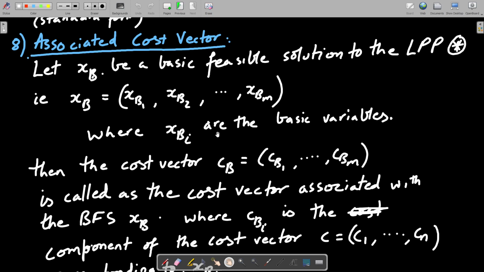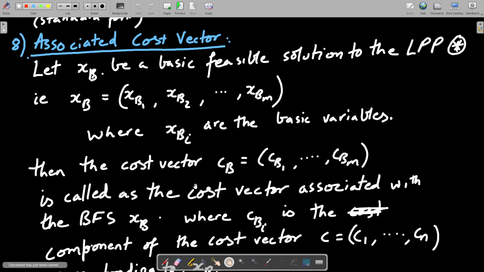So for every basic feasible solution XB, I can find a corresponding cost vector CB, which is the cost of the variables in the basic solution. If your basic solution is made up of x1, x3, x4, then the cost vector will consist of C1, C3, C4, and the remaining values are not considered.